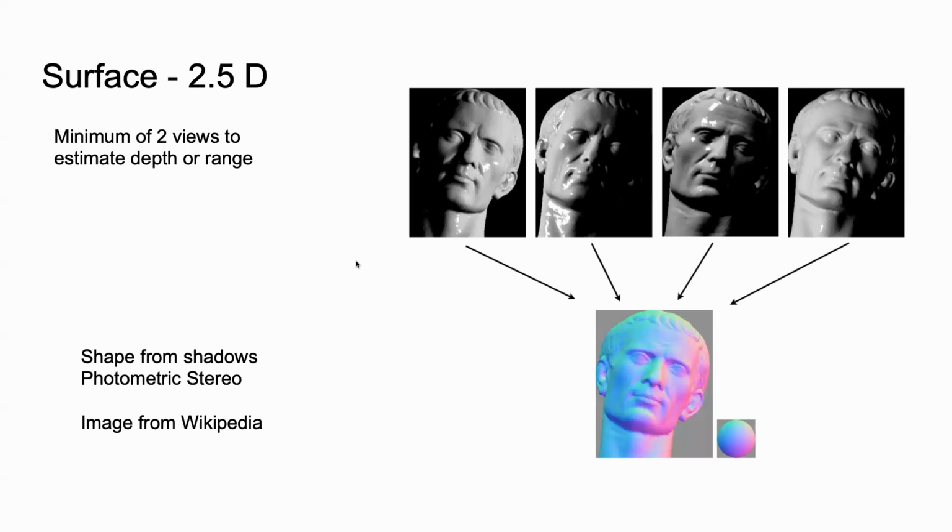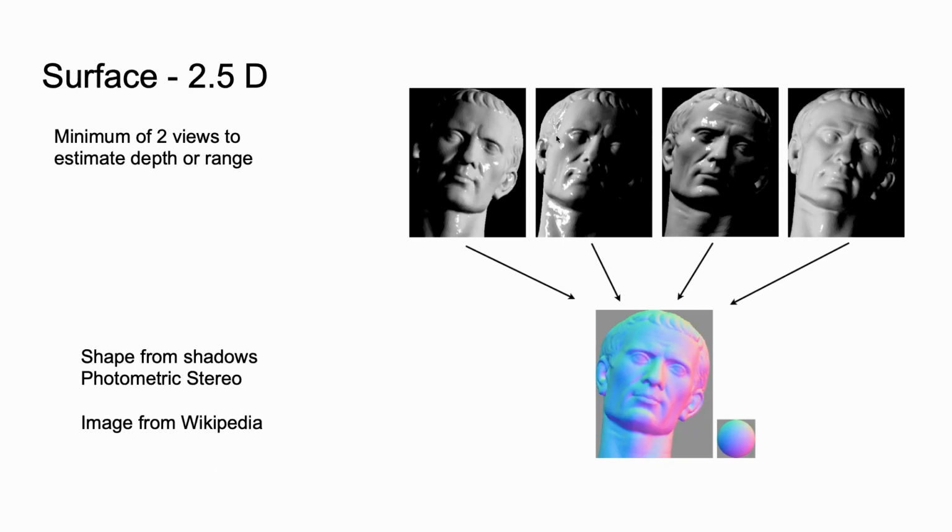And there are many techniques for estimating surface 3D. For example, in this image, it's shape from shadows. Here, you have, say, a fixed camera, a single camera, but your light source moves. As you can see, different location of the light source shows different shadows.